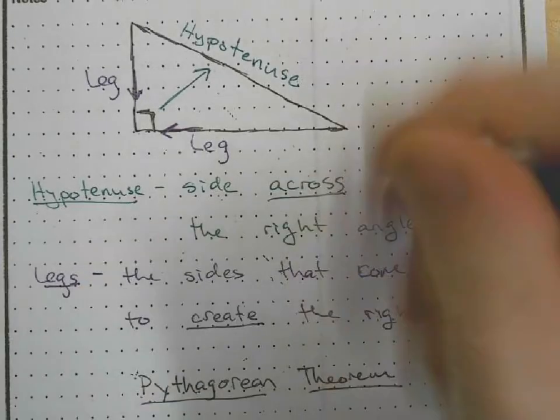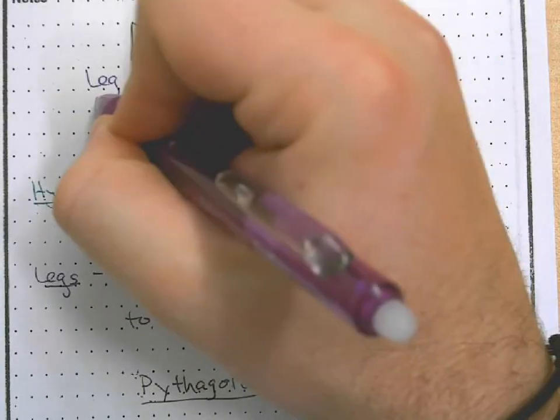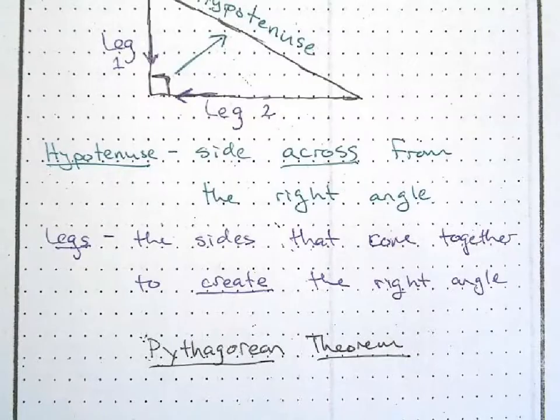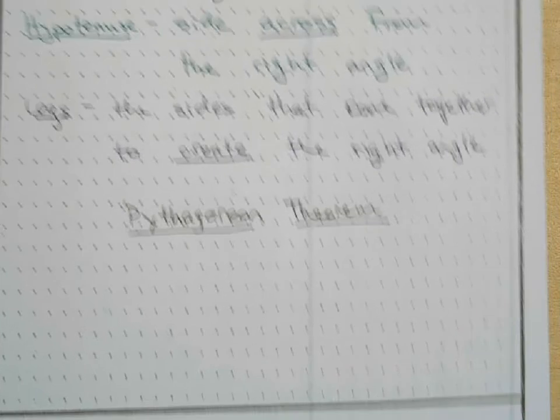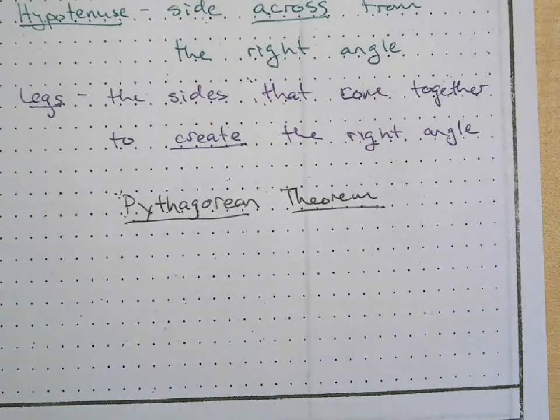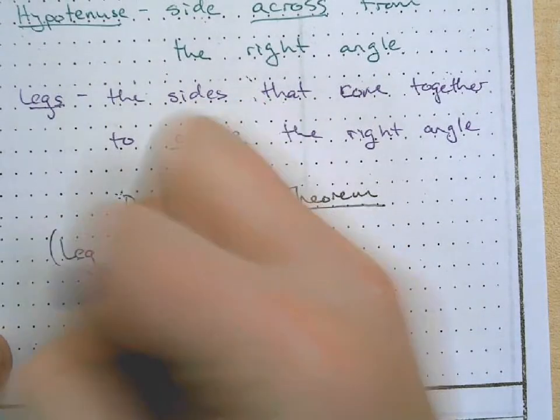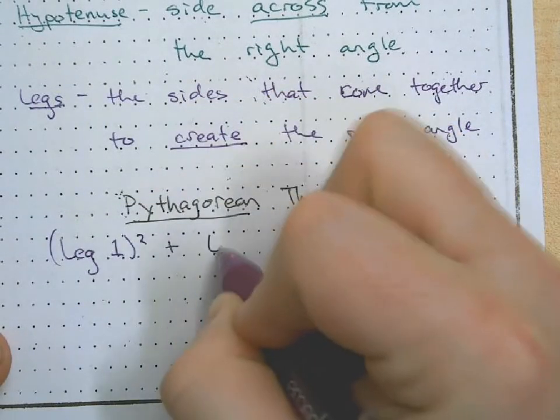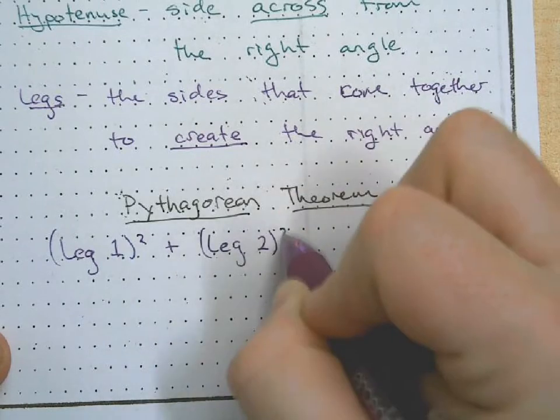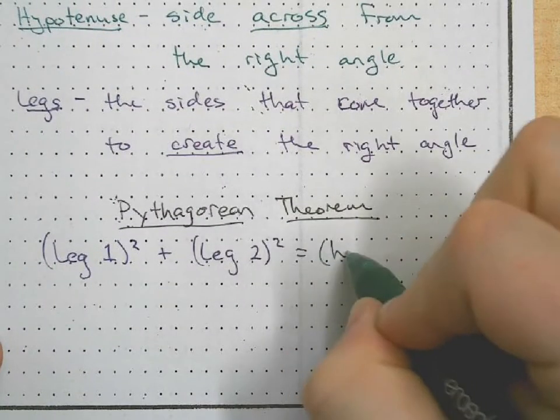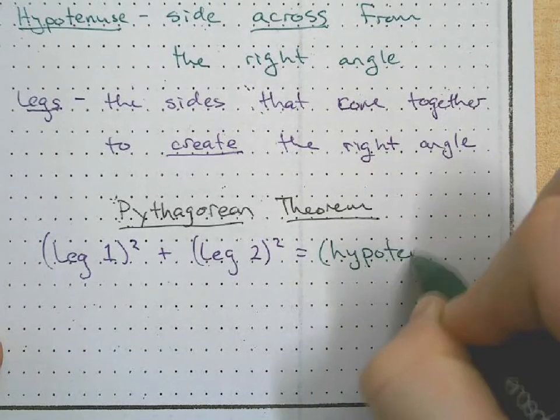But let's label these so that we'll call this one leg 1 and we'll call this one leg 2. So we're going to square both legs, add them together, and that's equal to the hypotenuse squared. So the Pythagorean theorem is really the idea of the first leg squared plus the second leg squared, and that's going to equal our hypotenuse squared.